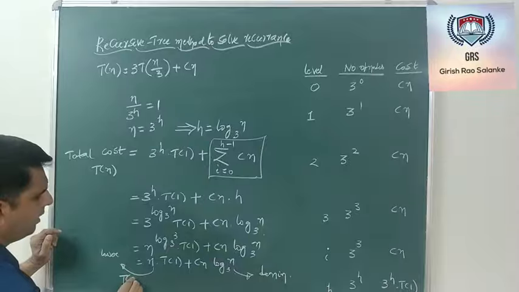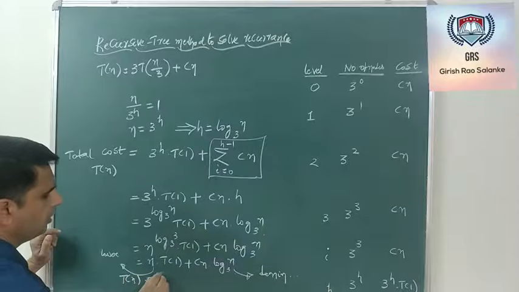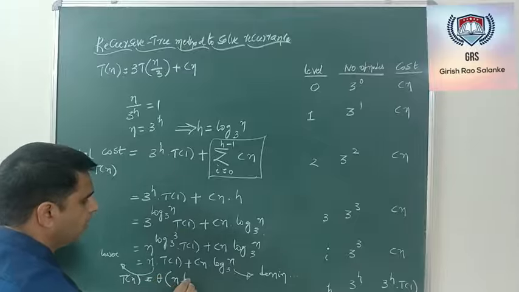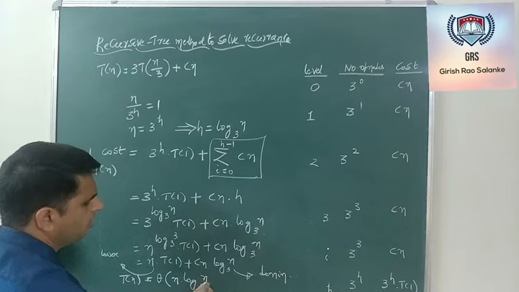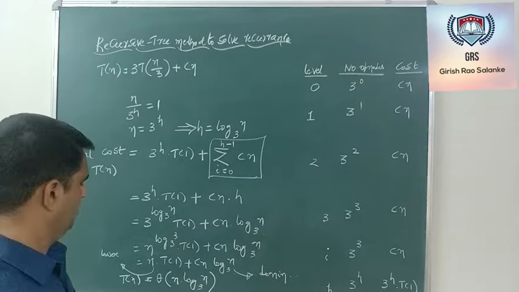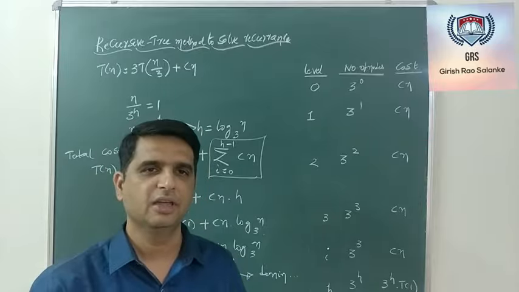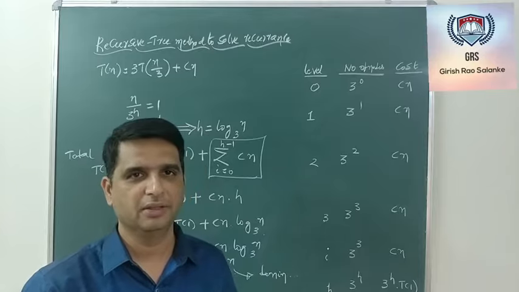Hence, I can write T of n is equal to theta of n log n to base 3. This is how we find the time complexity of a given recurrence with the help of the recursive tree method.